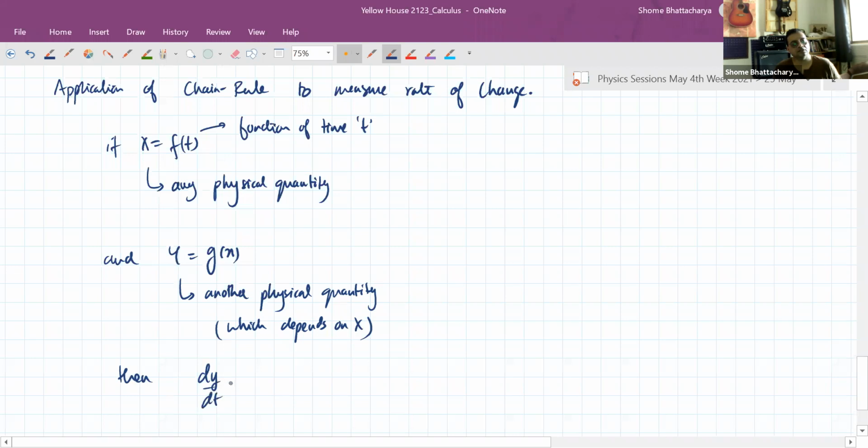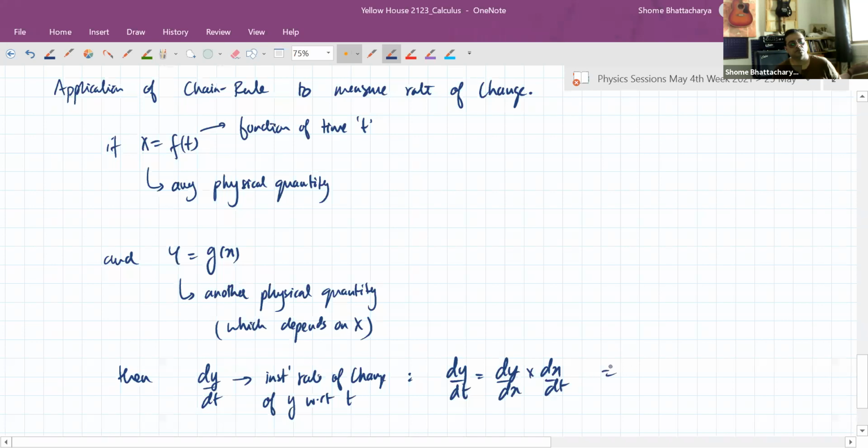dy by dt, that is instantaneous rate of change of y with respect to time, that can be written as instantaneous rate of change of y with respect to x into dx by dt.